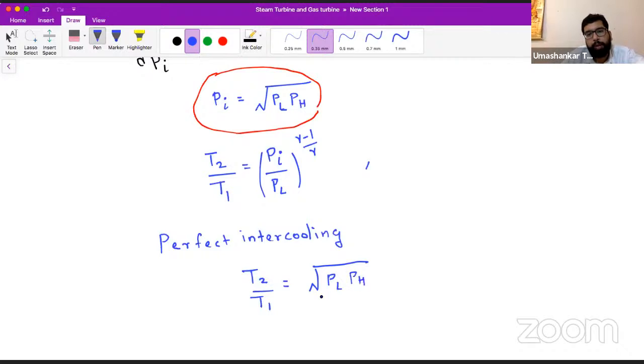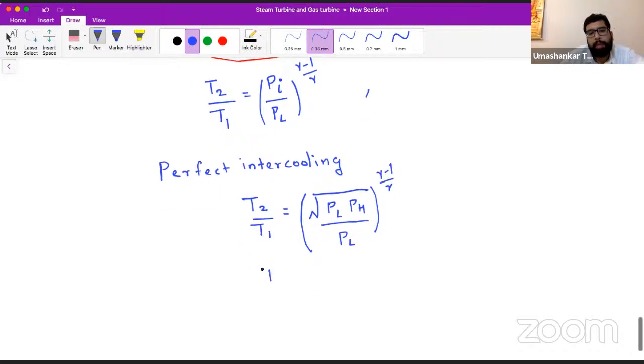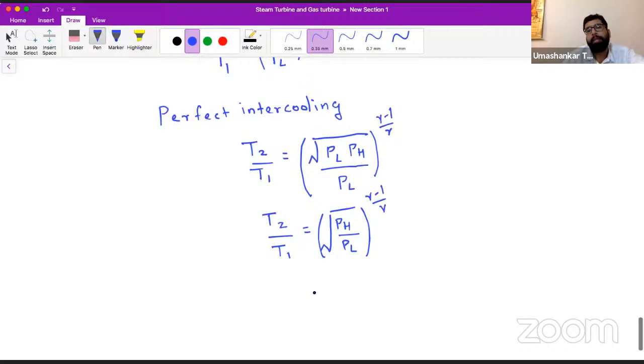It will be under root PL PH upon PL, to the power gamma minus 1 by gamma. So T2 by T1 is equal to root over PH by PL, by applying simple mathematics, to the power gamma minus 1 by gamma. Yes or no?